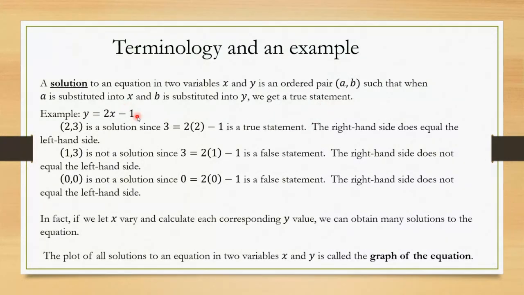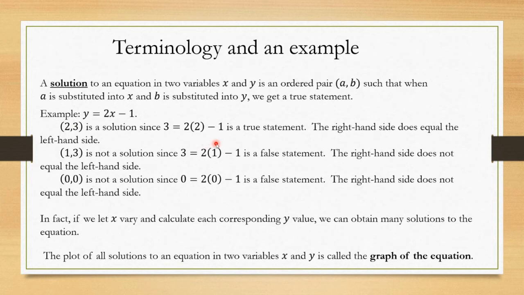Now, as an example of this, let's suppose we have this equation, y equals 2 times x minus 1. Is (2, 3) a solution to that? If I replace x by 2 and y by 3 in this equation, what I get is 3 equals 2 times 2 minus 1.